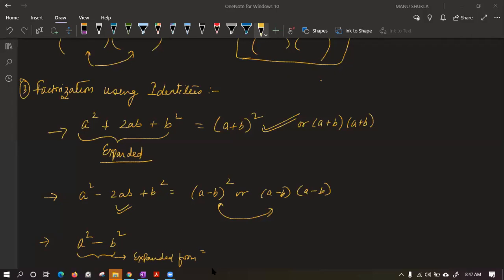Yes, it is a plus b into a minus b. So these are the two factors getting multiplied. This way we will try to recognize the question and then directly write the answer. This is the help of identities.